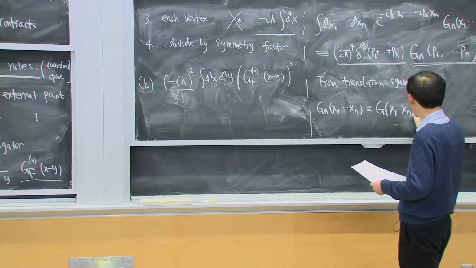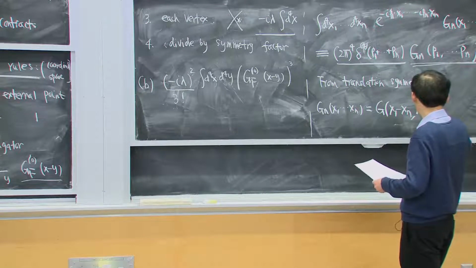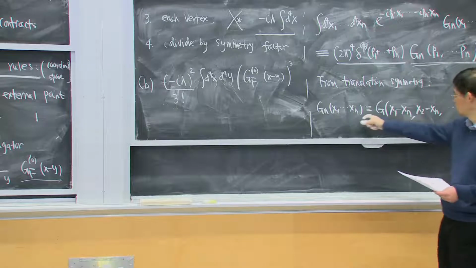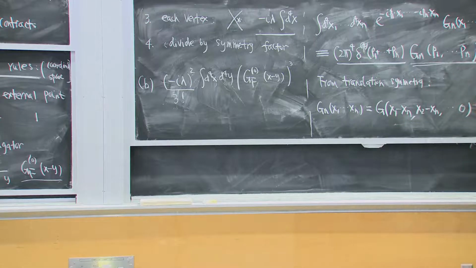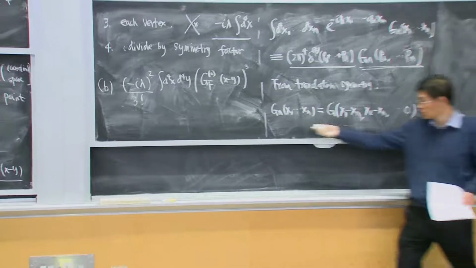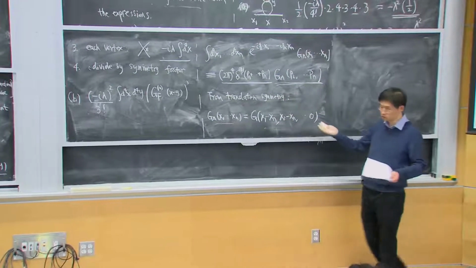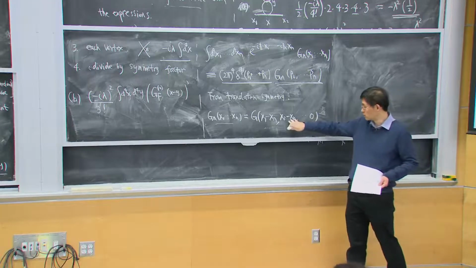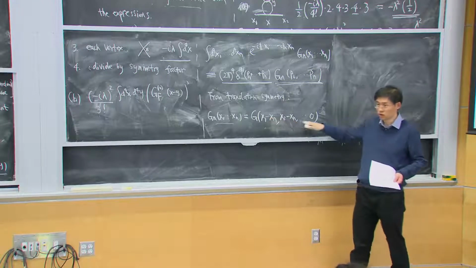You can subtract all coordinates by the value of xn, and then the last argument becomes 0. You can choose any point as a reference point, and that should be equivalent, because it doesn't matter where you choose it. So here let's choose the reference point to be xn. So this should be equal to that.